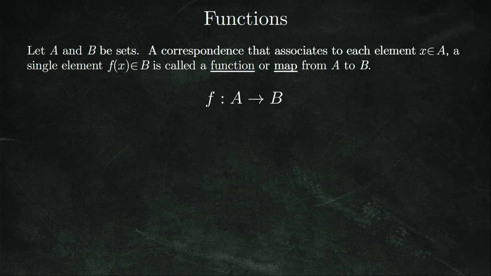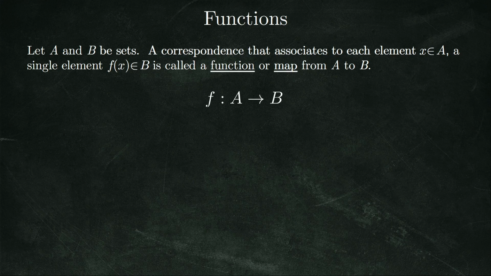At this level, we don't know exactly what f of x does. We don't know exactly what the output is going to be. We could determine that by an equation we're given, or, if we had finite sets, we could just draw arrows from one list of elements to another.